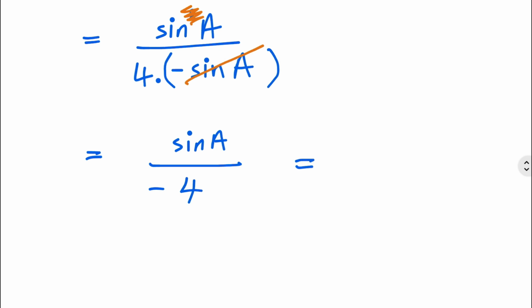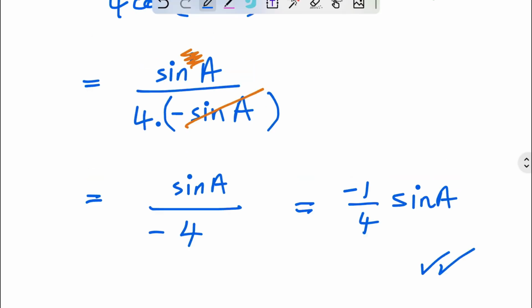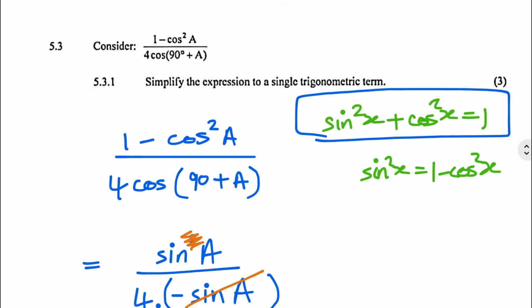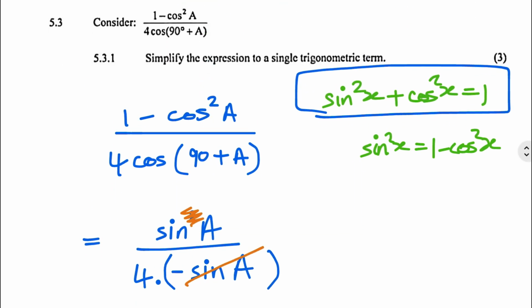This can also be written as negative a quarter multiplied by sine a, and you can just leave your answer like this. That's good enough. If we revise what the question asked us to do, it said to simplify the expression into a single trigonometric term, and that's what we did.